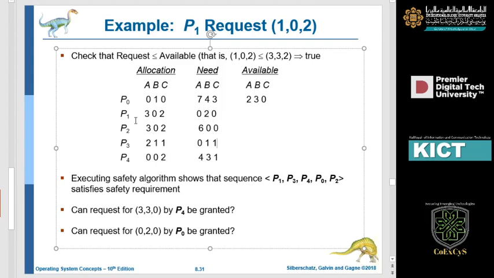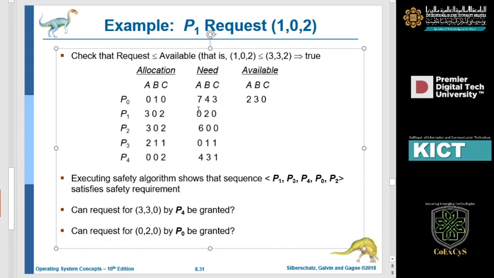So if you follow this algorithm, you would give P1 the resources. If you give P1 another 2, it will get to finish. Once it's finished, it doesn't need any more, and it will release the allocation, and all of these resources become available again.